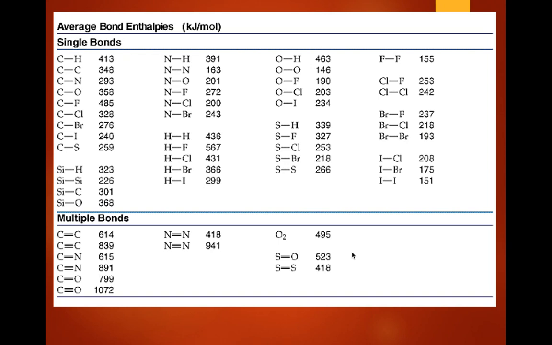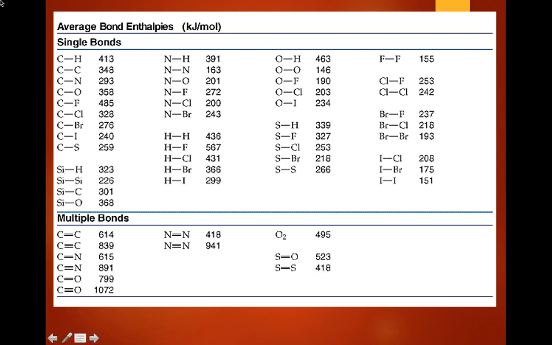Now let's see, some are less, some are more. Why? It just depends. Maybe we can go through the halogens. That's kind of fun, right? Okay, so we have carbon, hydrogen, that's 413. Now let's go to the halogens. So if we have carbon and fluorine, that's 485.